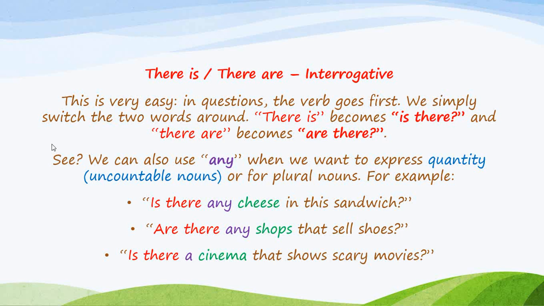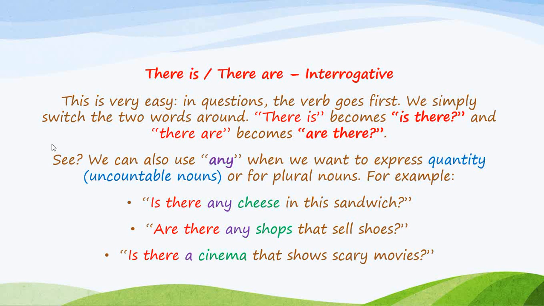See? We can also use any when we want to express quantity, when we are talking about uncountable nouns or plural nouns. For example, in this sentence, we're going to talk about an uncountable noun, that is the cheese, okay?